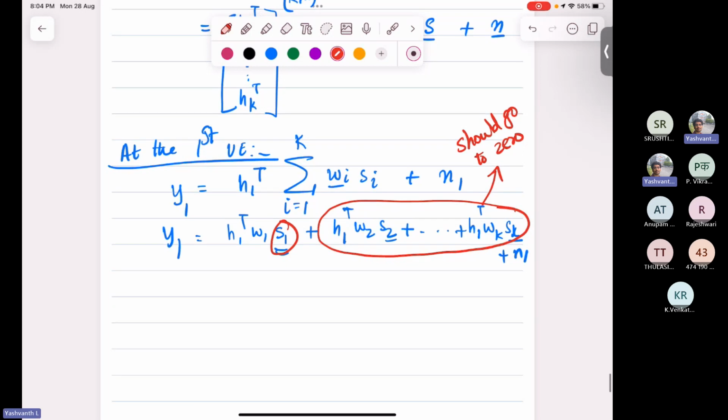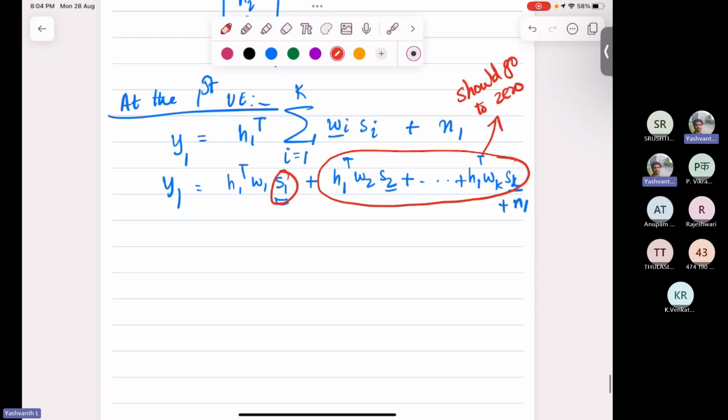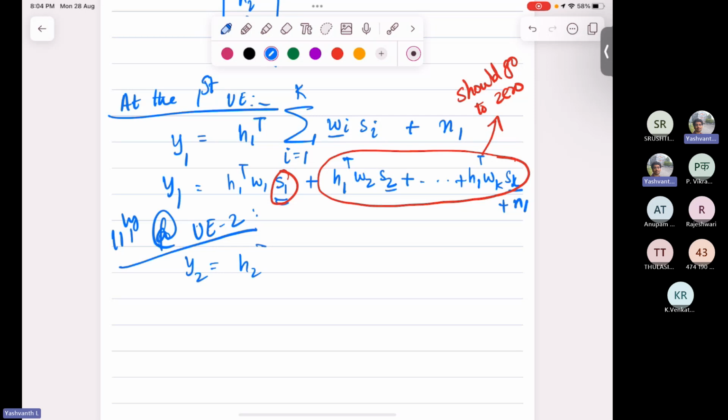So what does it mean? I need to define my W weights. Similarly, at UE2, Y2 equals H2 transpose W1 S1 plus H2 transpose W2 S2 and so on till H2 transpose WK SK plus N2. For UE2, what are undesirable?